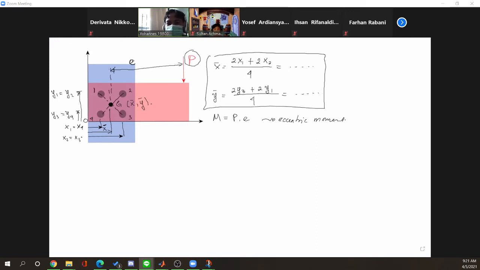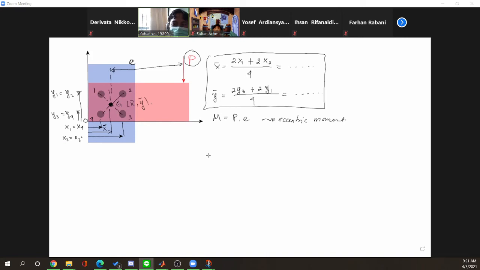So let's analyze what kind of load is resisted by each rivet. Okay, so let's draw the free body diagram here.